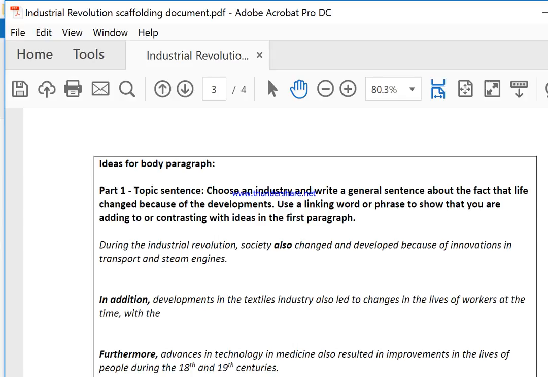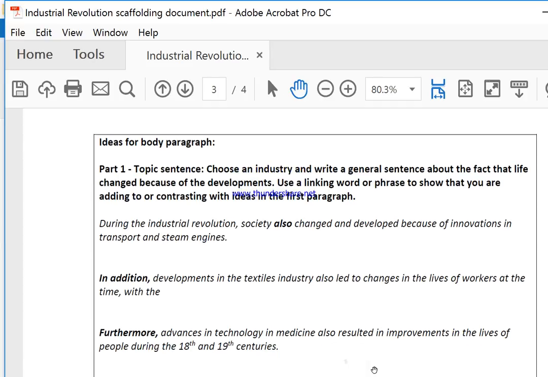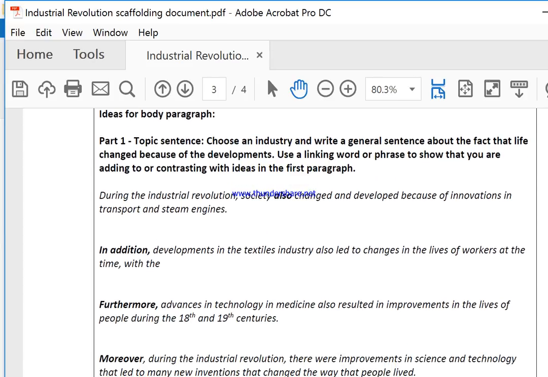A few of you have written body paragraphs like that, and there are some samples on these handouts. For those of you that maybe haven't had a look, there are a few different possible topic sentences on page 3 of that handout.